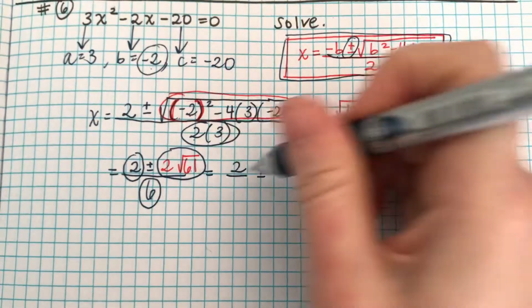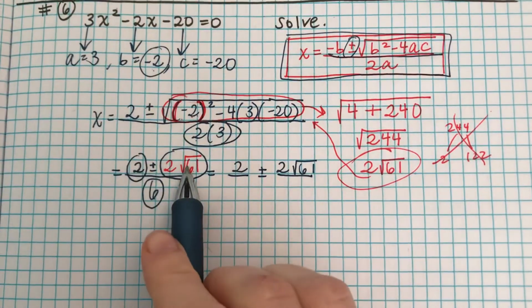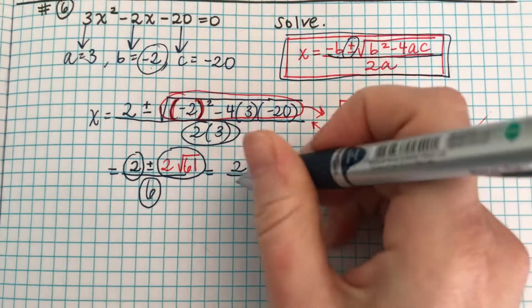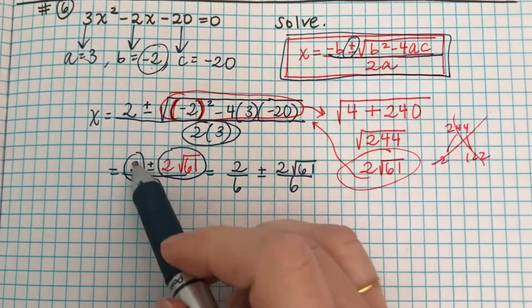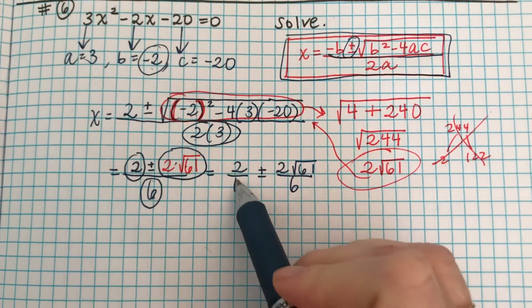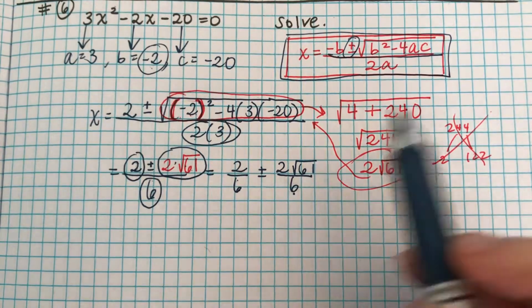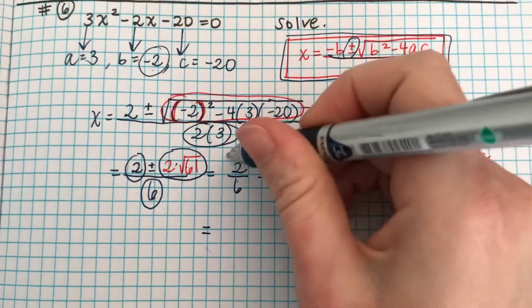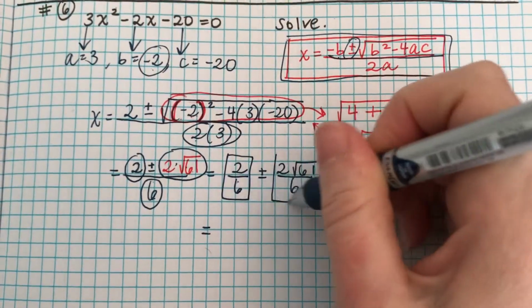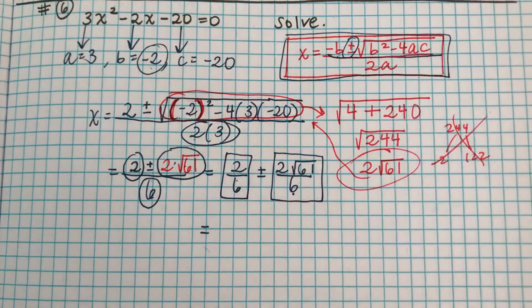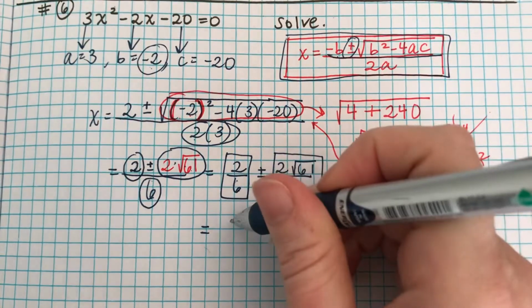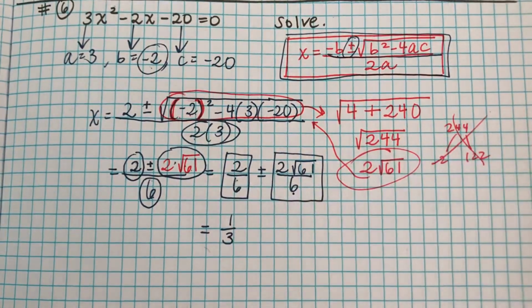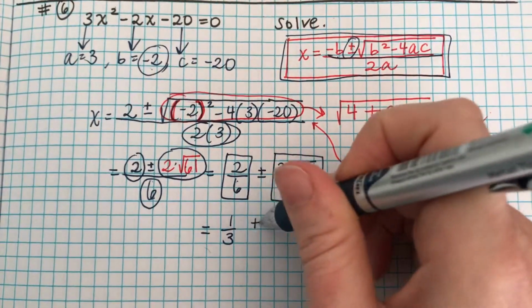Each of those terms on the top is separately being divided by 6. Everybody on the top gets divided by 6. The way we simplify this is by taking each fraction individually. 2 over 6 becomes 1 over 3, both divisible by 2. Bring down the plus minus.